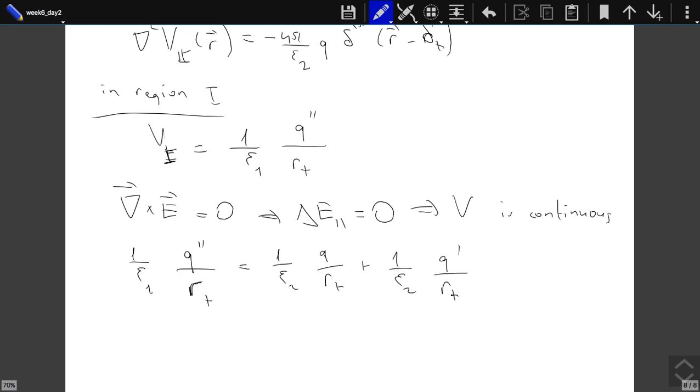All the distances from the image charges and the real charge are equal to each other on the interface. The interface is in the middle. So these I can cancel. So this is one relation I have: epsilon 2 times Q double prime should be equal to epsilon 1 times (Q plus Q prime).